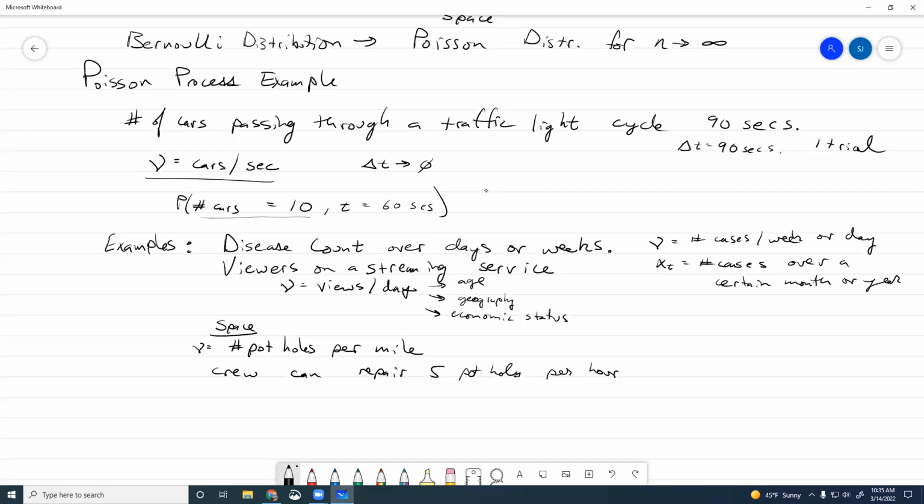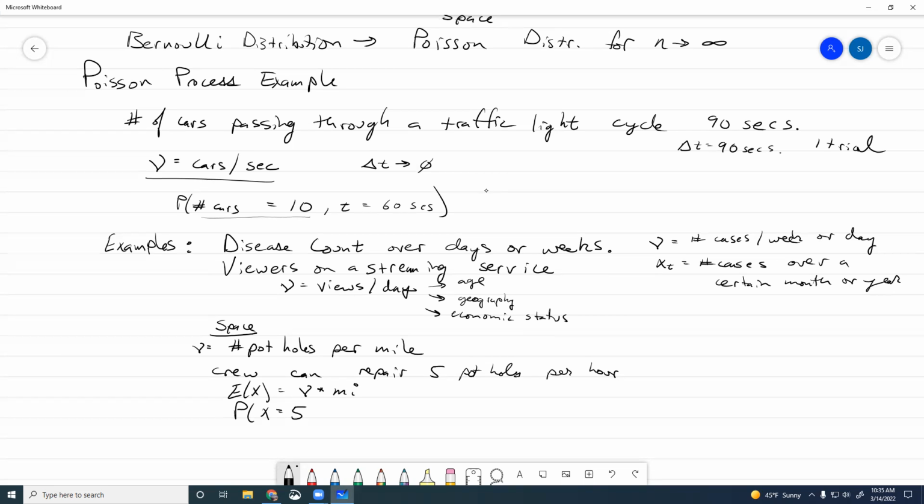And then, obviously that's an easy thing to calculate. If I have 10 miles of road, then I expect 10 times the rate, right? So the expected value of X would be just mu times our mileage. But you could ask more sophisticated questions, like if they can only repair 5 potholes per hour, what's the probability that I only have 5 potholes per mile, or sorry, per hour?